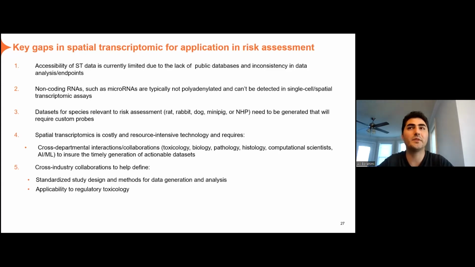I think that will reduce the time to analyze the data, and also make it more efficient in terms of generating the data. And that would be the critical element in terms of making these new endpoints applicable in regulatory settings.